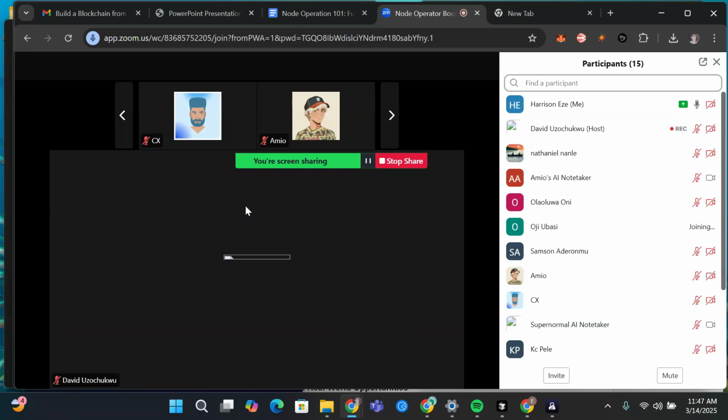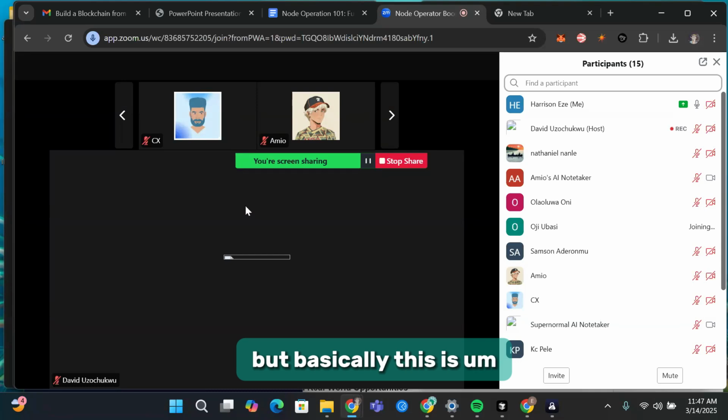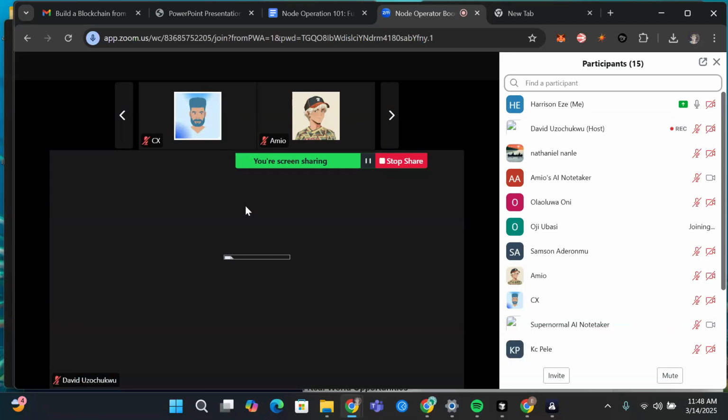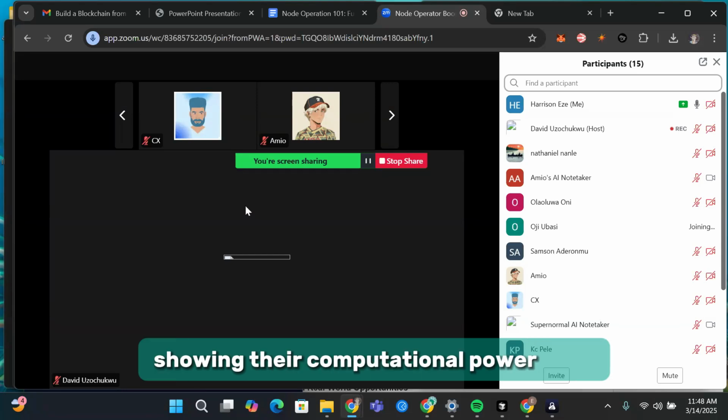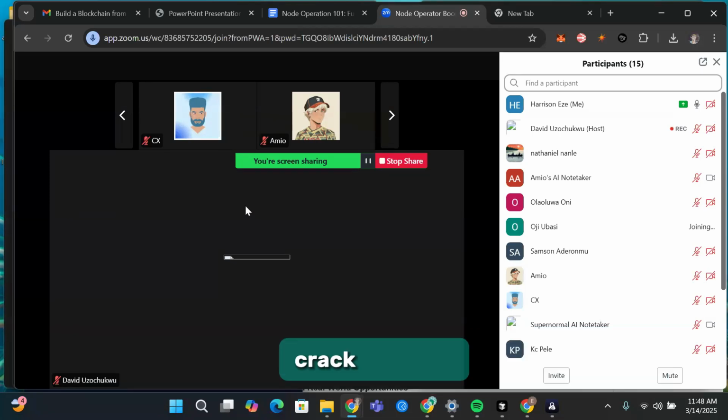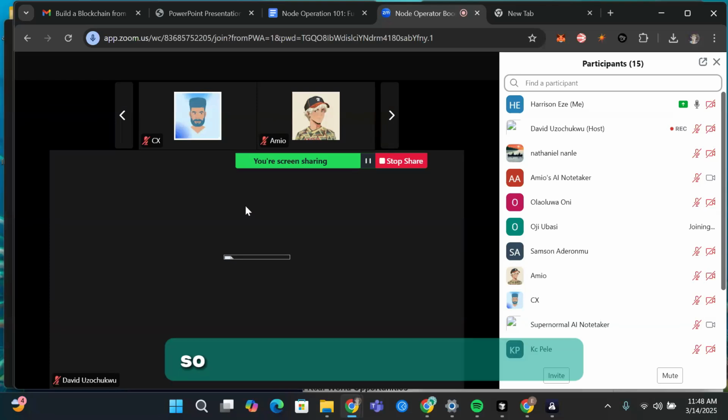This is proof of work. The miners try to solve the puzzle to validate transactions. It's them showing their computational power, right? Those that are able to compute faster and able to crack the code. We'll go into more detail on this.